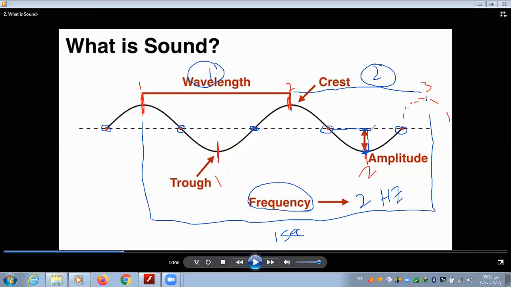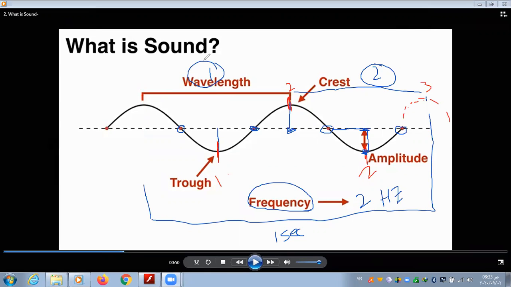It can be from the rest point to the deepest point of a trough, or from the rest point to the highest point of a crest. This is amplitude: the maximum displacement that the wave can make. Do you have questions, Shabab?